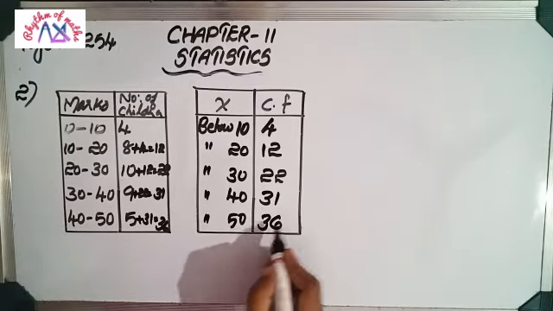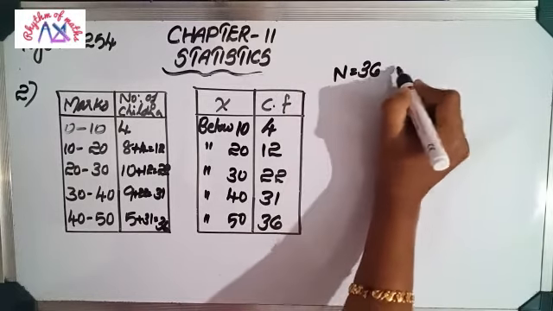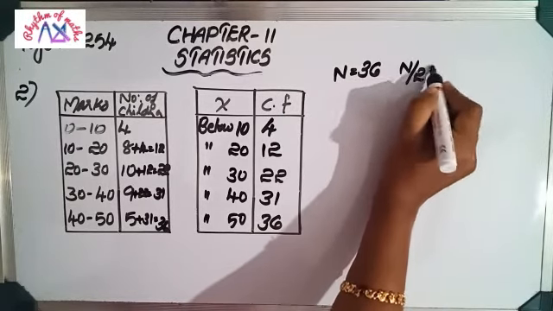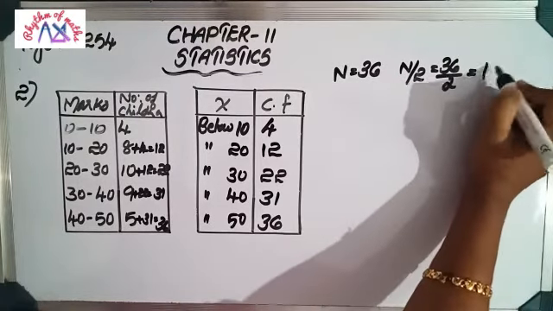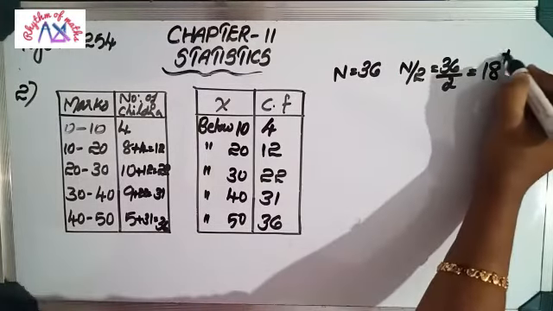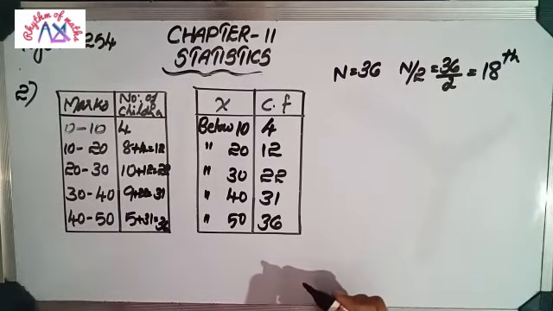So here n equal to 36. That is n by 2 equal to 36 by 2, that is 18. So the 18th student's mark will be the median mark. Okay, the median mark you have to find.